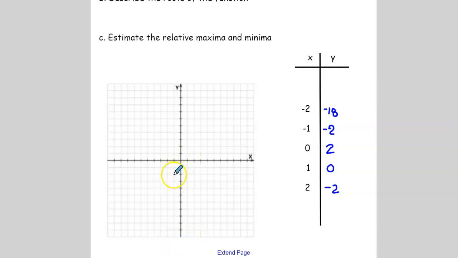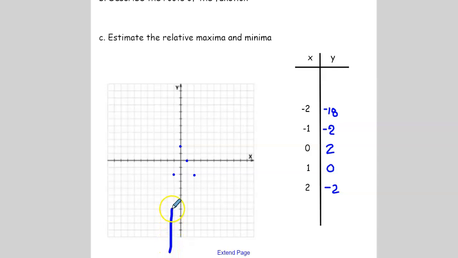So if I start at -1, -2, and then I have 0, +2, I have 1, 0, 2, -2. Okay, so I can already see my graph coming together, right? At -2, I'm way down here somewhere.